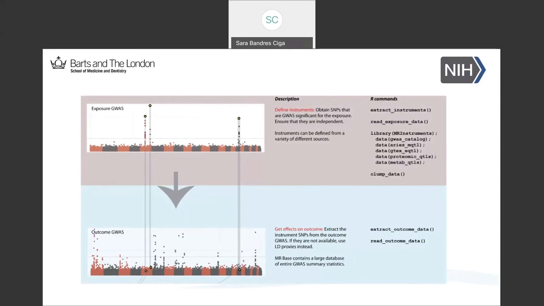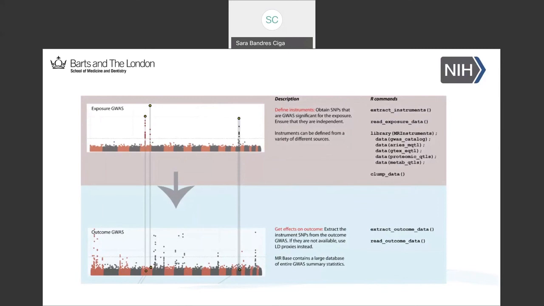We usually calculate another R-squared that refers to the variance, so basically how much of the heritability is explained by the SNPs that you are using as part of your instrument. And then we also calculate the F statistic. If it's above 10, I think is the threshold, isn't it, Carl? Yeah, above 10, then we can say that the instrument is strong to infer causality.